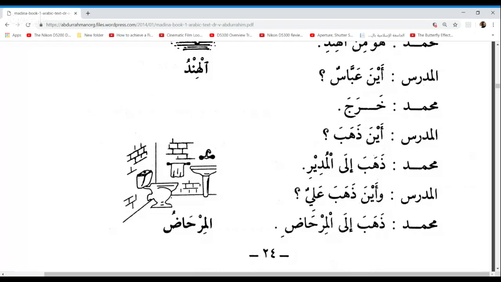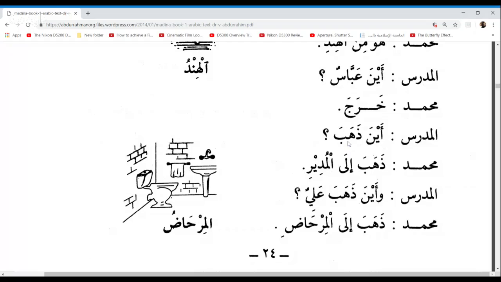With regards to the meaning, they are past tense and they are singular, masculine. So kharaja means to exit. If you were to say kharaja, you literally mean he went out or he exited.